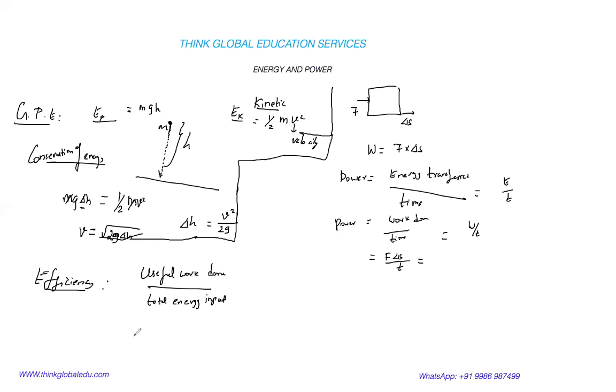We can also write it as useful energy output divided by total energy input.